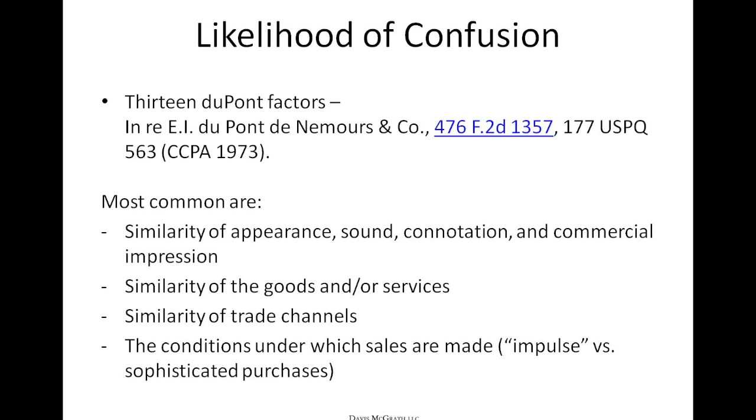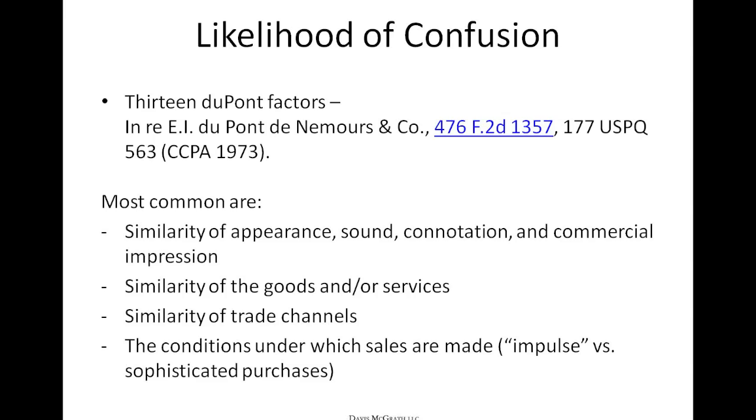The next is the similarity of the goods or services, where the actual goods or services of the two marks are compared. For Trademark Trial and Appeal Board decisions, they're limited by the scope of what's actually listed in the application or registration.